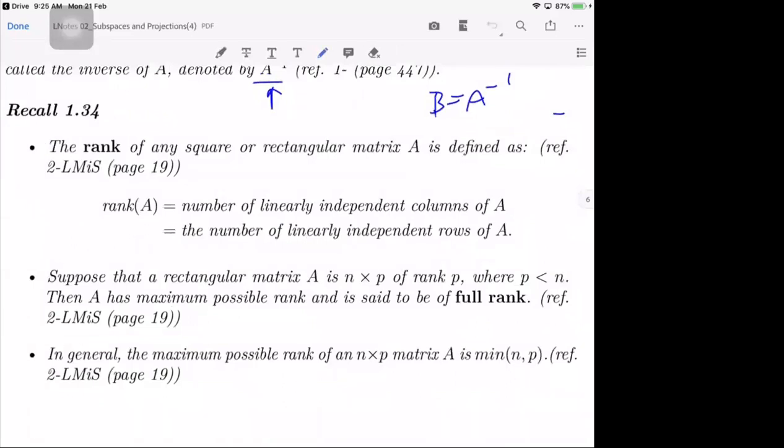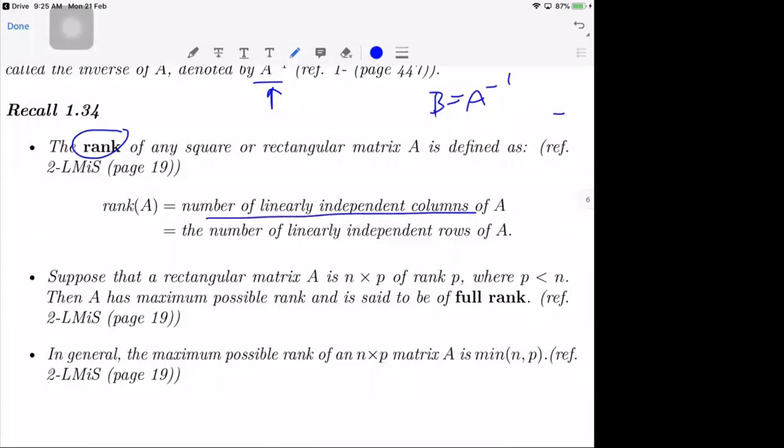Recall the definition of a rank. That is the number of linearly independent columns of A or the number of linearly independent rows of A. And then the maximum possible rank is said to be a matrix of full rank.